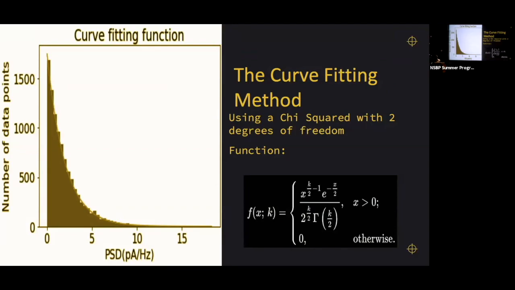You can see that it follows an exponential function, and the function that we use to fit the data is a chi-square distribution with 2 degrees of freedom. That is the function over there, and k would be the degrees of freedom. If you plug it in, you essentially just get a simple exponential function.